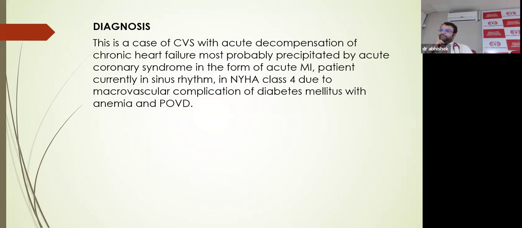And after that, he ended up in NYHA class 4, which was a baseline class 2 symptoms. So my question to the students is, what is the probability that this is only an acute coronary syndrome, or this is a heart failure?